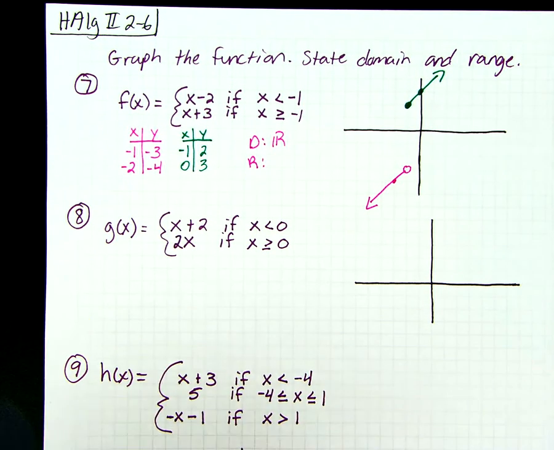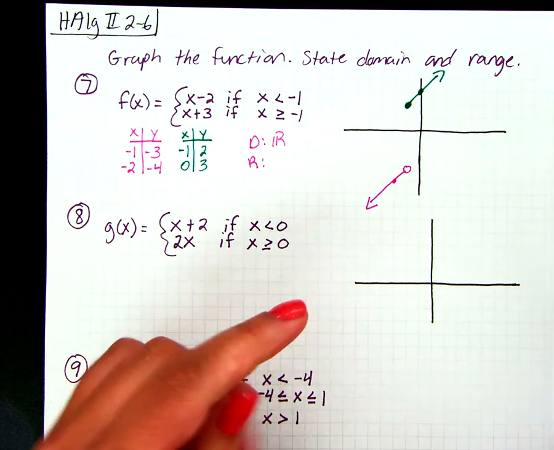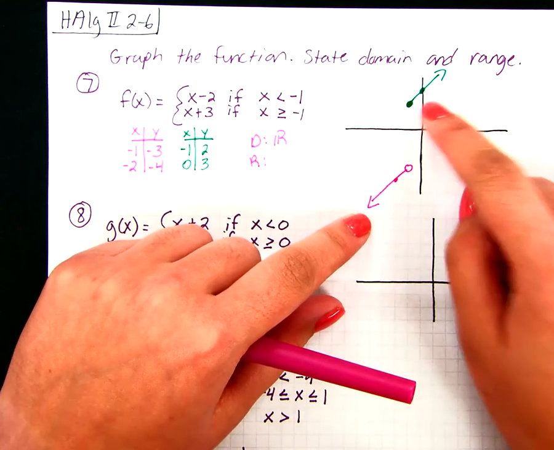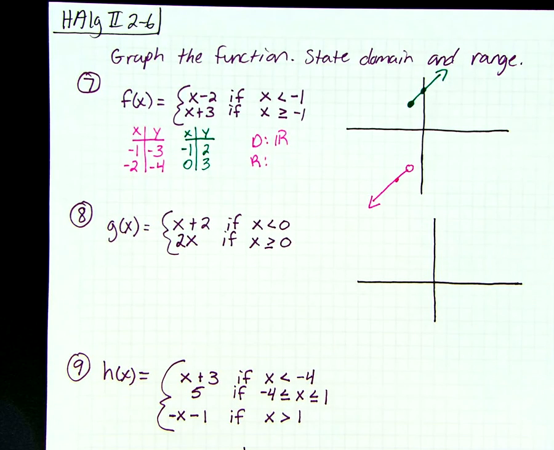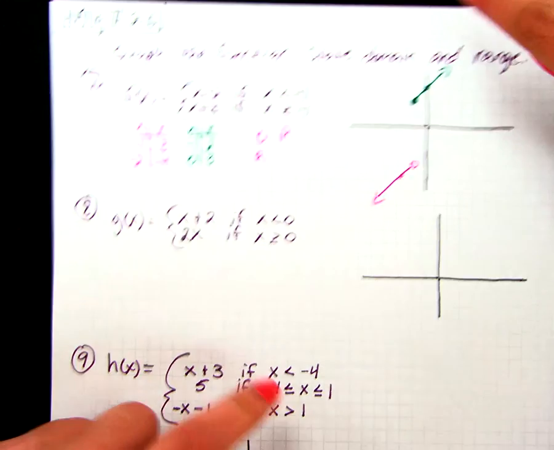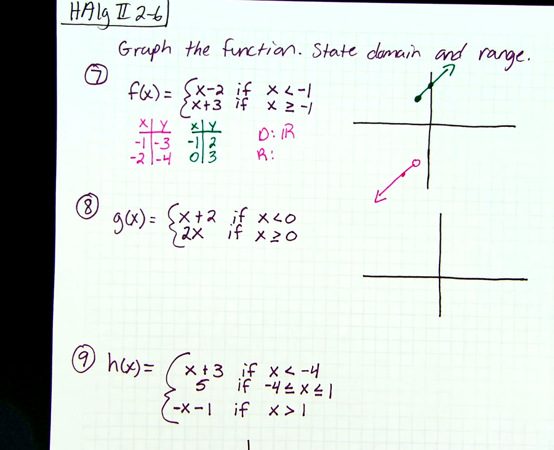And then our range is our y values. So as we're looking at this, it's going up and down forever, but it's missing this huge chunk in the middle. So that means that we're going to have two parts to the range. So we need everything below this y value and everything above the other y value. And I'm going to start in interval notation this time.